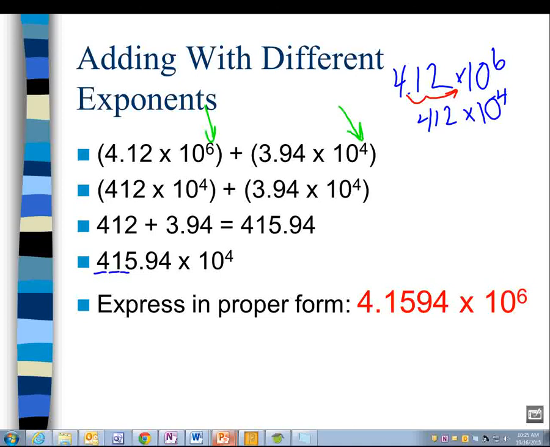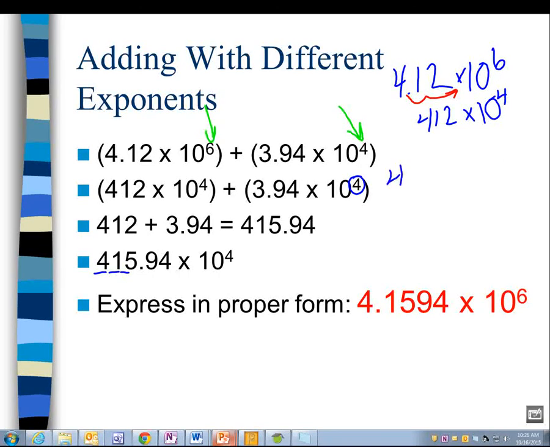Yes, sir? Yeah, you could make the 4 a 6 as long as you have them both be the same. That's a good question. I could have gone the other way with this, where I made this guy a 6, which means that I would have gone to the left.